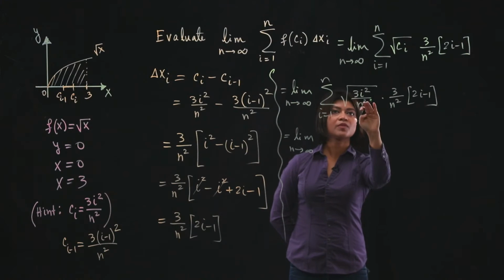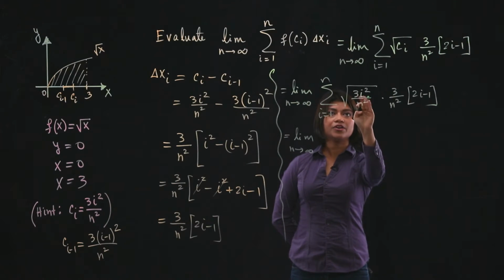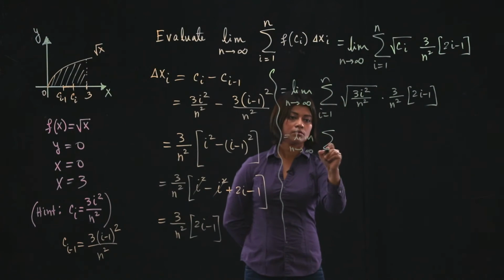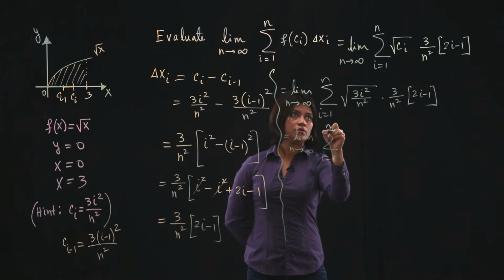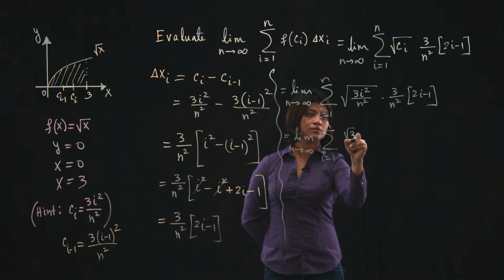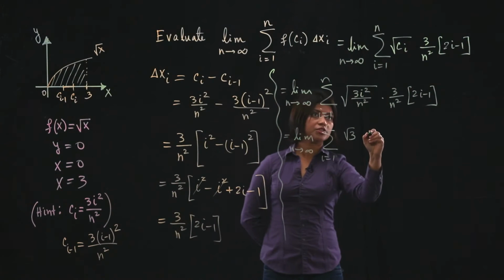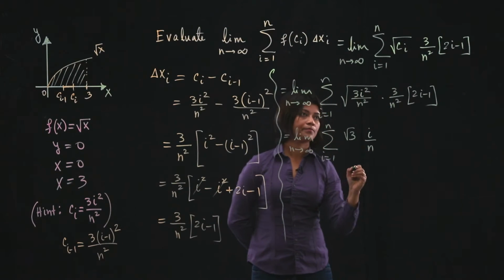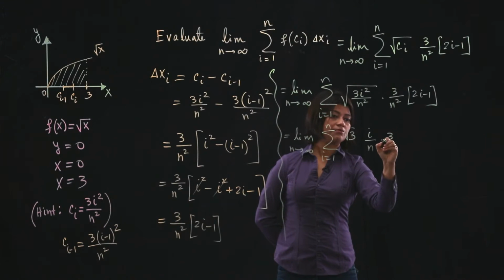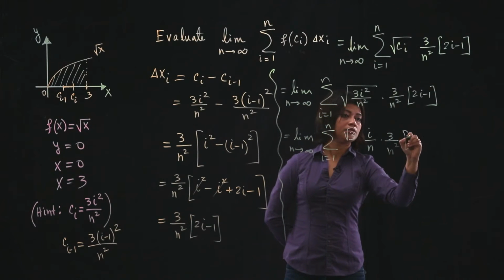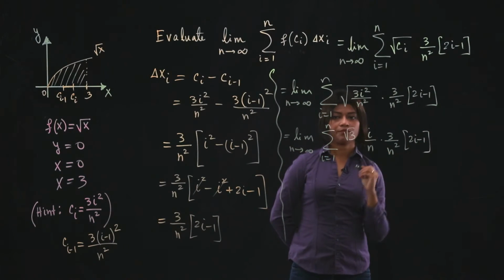Let's see if we can get rid of the square root. We'll have a square root of 3, and then with the square root of i squared and n squared, you will just have i over n. And we will still have 3 over n squared, (2i minus 1).